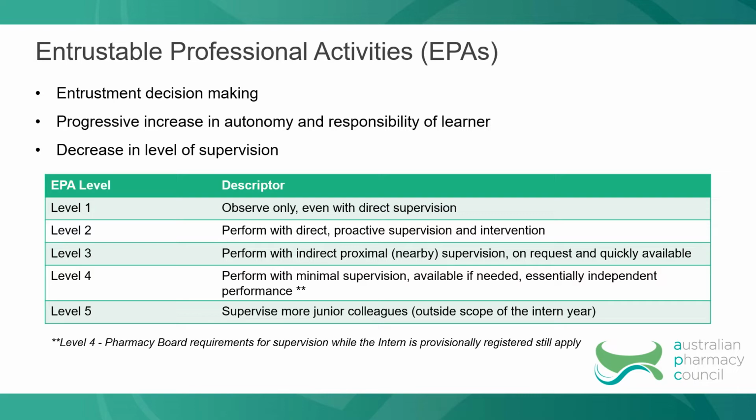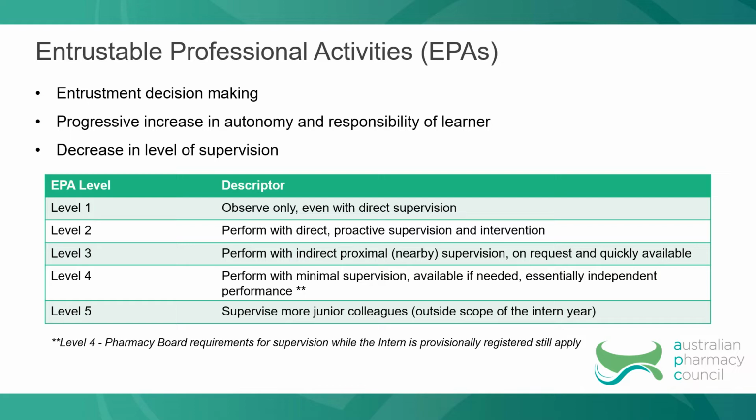Entrustment decision making is therefore about deciding how far to trust interns to carry out these tasks or EPAs on their own. The outcome of an entrustment decision is the determination of a level of required supervision, and for practical purposes, a framework of 5 levels of supervision has been proposed. As one moves through the levels from level 1 to level 5, as you can see by the descriptors for each level, there's a progressive increase in autonomy and responsibility of the intern, and a decrease in the level of supervision that is required.